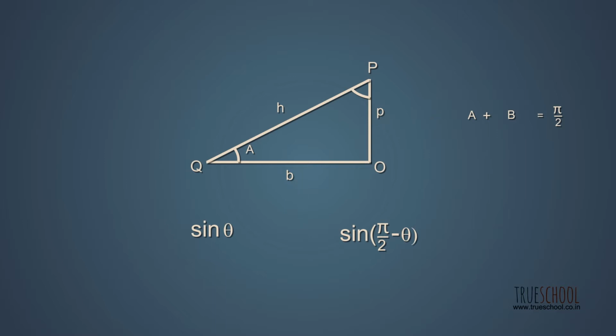Whereas if we need to find the trigonometric functions of B, this will be base and this will be perpendicular. So what do we see here? The base for angle A becomes perpendicular for angle B and perpendicular for angle A becomes base for angle B. Hence for angles which are related like this, p and b get exchanged.